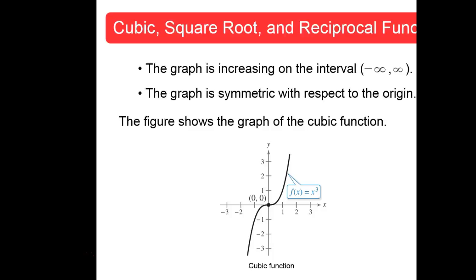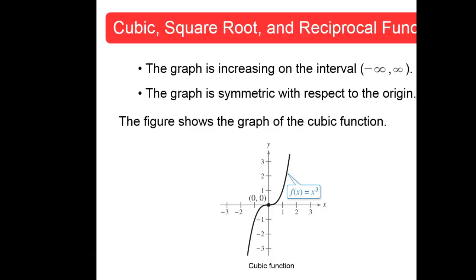You pick a number very close to 0, like 0.001. Cube that, and you get 0.000000001, but it's still not constant. It's never constant. Pick a negative number, let's do a simple one, negative 0.1, then you have negative 0.001, still negative. So it is increasing everywhere, even at 0. Increasing over the entire interval minus infinity to infinity.